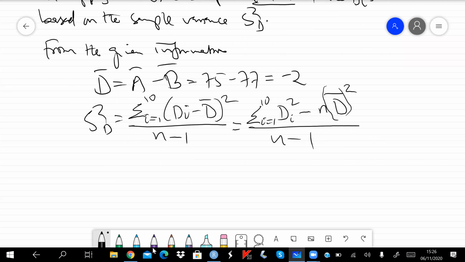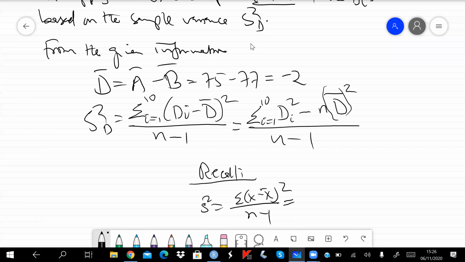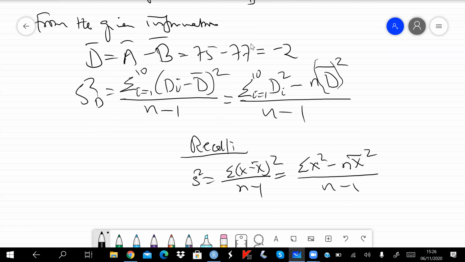You just need to recall that if you are looking for the summation of x minus x bar squared over n minus 1, we can rewrite this as the summation of x squared minus n x bar squared, divided by n minus 1. That's the same logic we're using here.